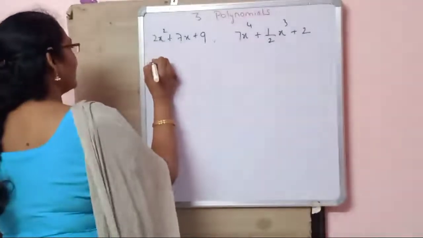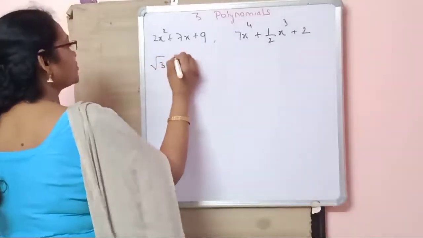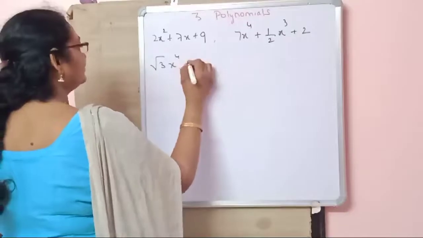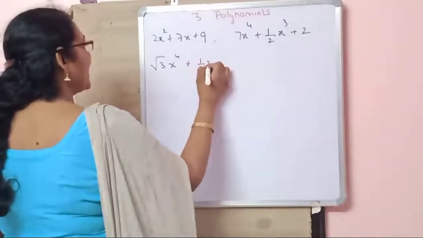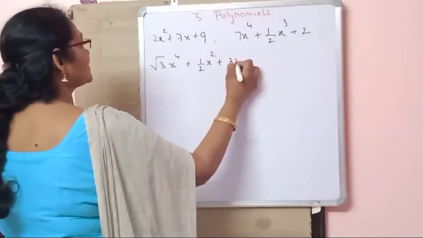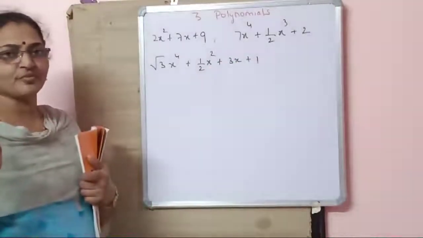Then again, if you have learned equations such as root 3 x raised to 4 plus 1 upon 2 x raised to 2 plus 3x plus 1, all these equations are polynomials.